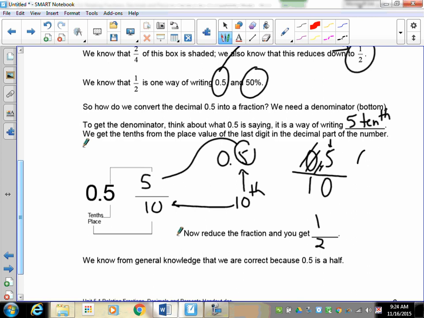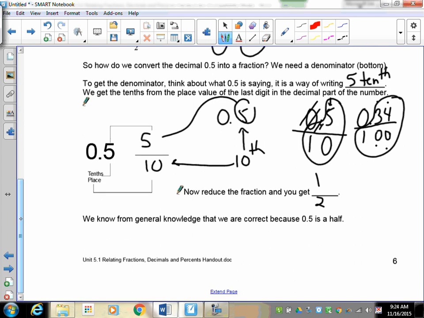So if I had 0.34, I would have the 1 under the 0, and I have 2 digits, so I put 2 zeros. A lot of students like to do that too. You must come up with the 34 over 100. You must come up with the 5 over 10, because that proves to me that you know how to do it. Of course, the dividing, the reducing, you already know how to do. So we know from general knowledge that we're correct because 0.5 is 1/2 in our example here.